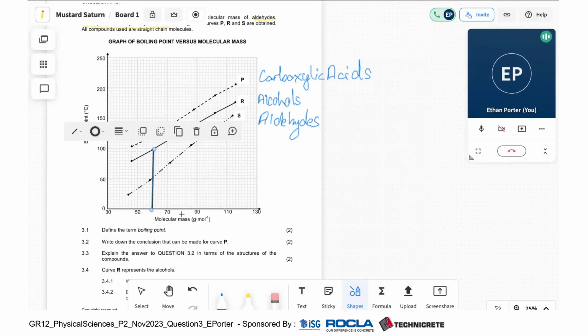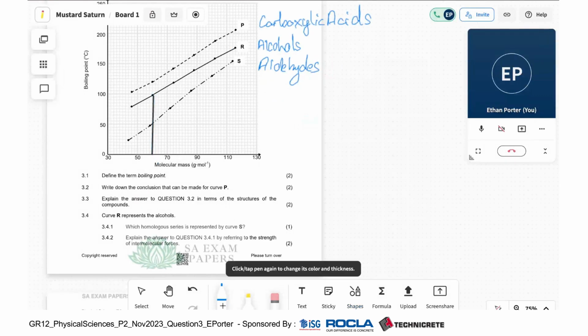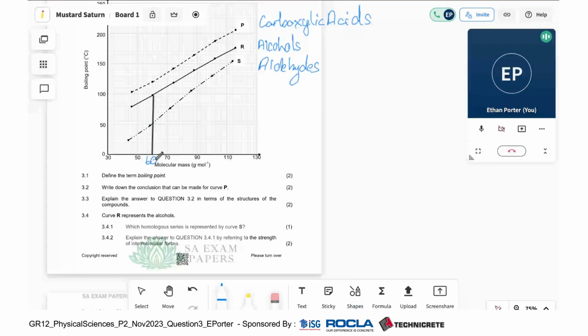That means each box represents 4 degrees. And this is coming around box number 5. So 5 times 4. No, each box represents 2 degrees, not 4. So 5 times 2 is 10. 50 plus 10 gives us 60. So we know that for curve R, the compound with a boiling point of 97 degrees has a molecular mass of 60. All right. So we can just write this in here, 60.